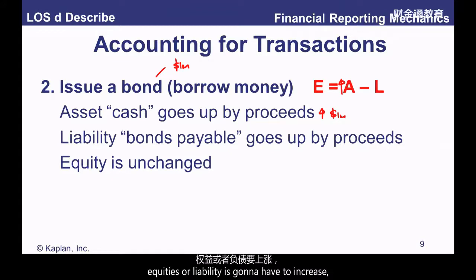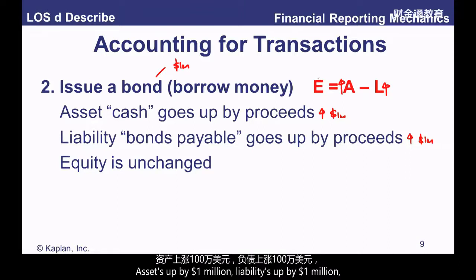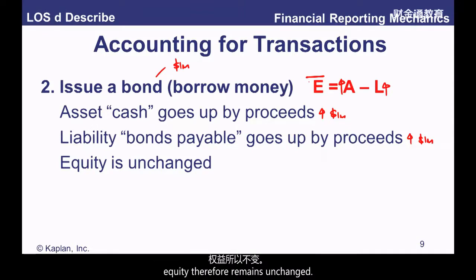Now again, equity or liabilities are going to have to increase, or it's simply not going to balance. As it happens, it's going to be the liabilities that increase by $1 million, indicating that we've borrowed this money and ultimately we owe it back. So assets up by $1 million, liabilities up by $1 million, equity therefore remains unchanged.